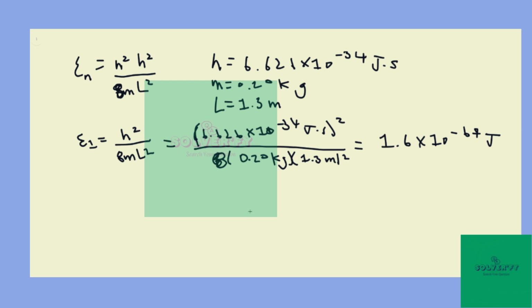Okay. So now part B is: since the energy in part A is all kinetic, to what speed does this correspond? So kinetic energy is given by 1/2 mv squared.